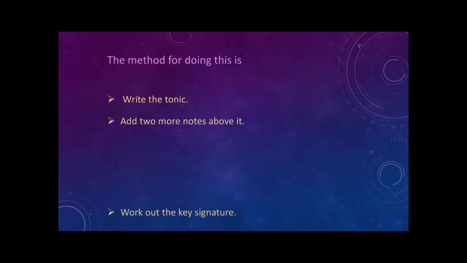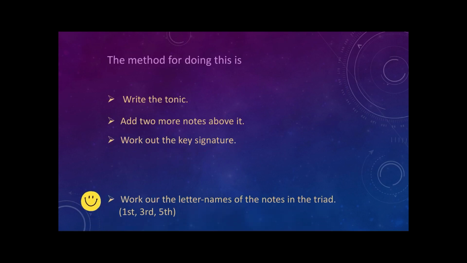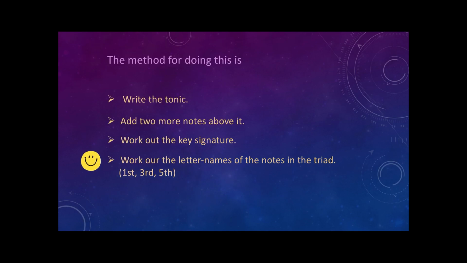Then, work out the key signature. If it is a minor triad, remember to work out the relative minor first. Then, work out the letter names of the notes in the triad: the first, third, fifth degree of the scale.